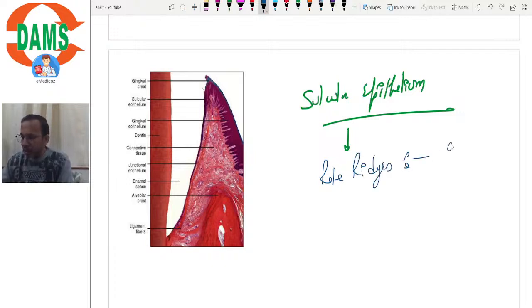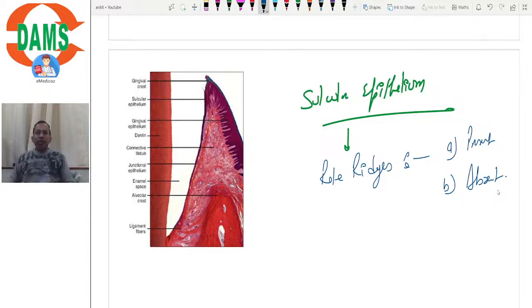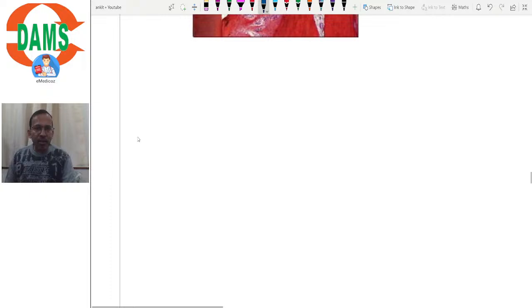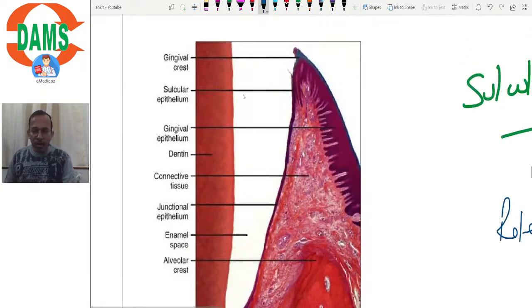So do you think they are present or absent? What do you think about the red ridges in cellular epithelium? Are they present or are they absent? So as you can notice here in this diagram, थोड़ा सा मैग्नीफाई अगर कर दें इसको, so what would you notice?